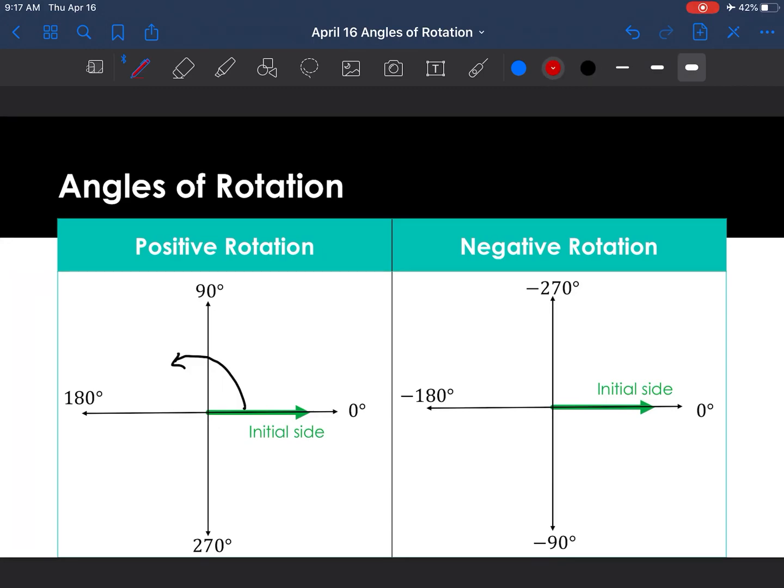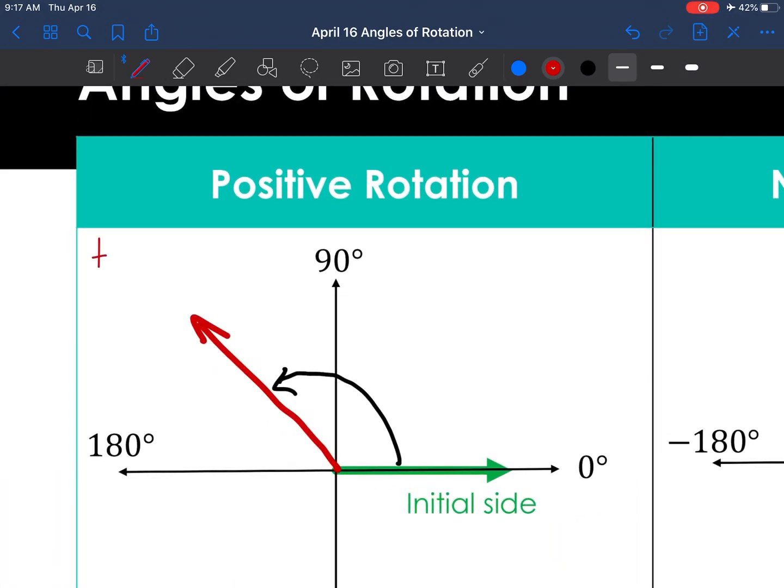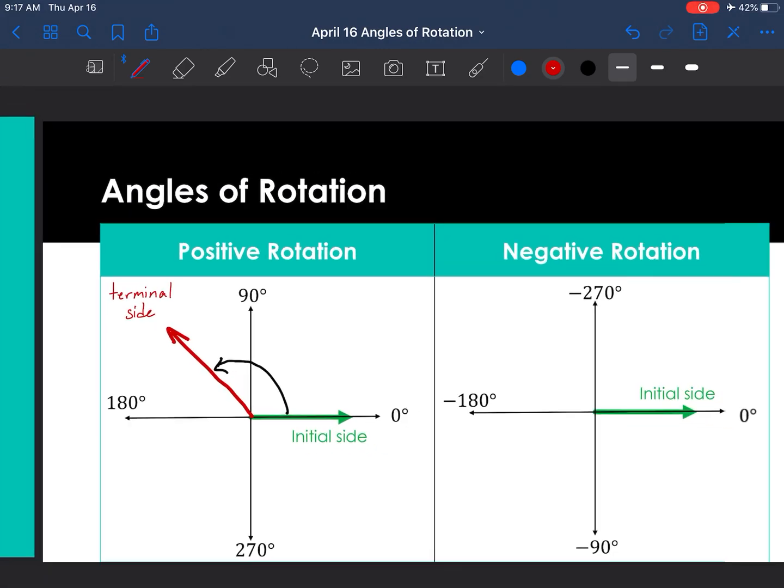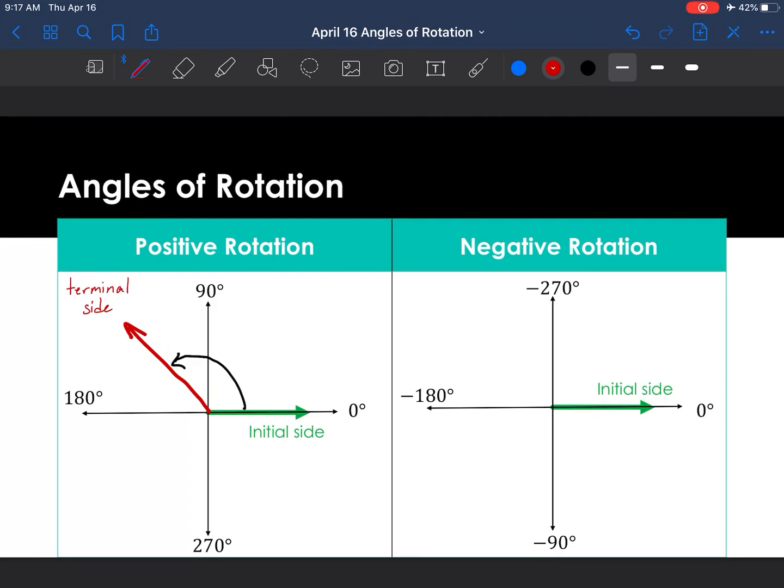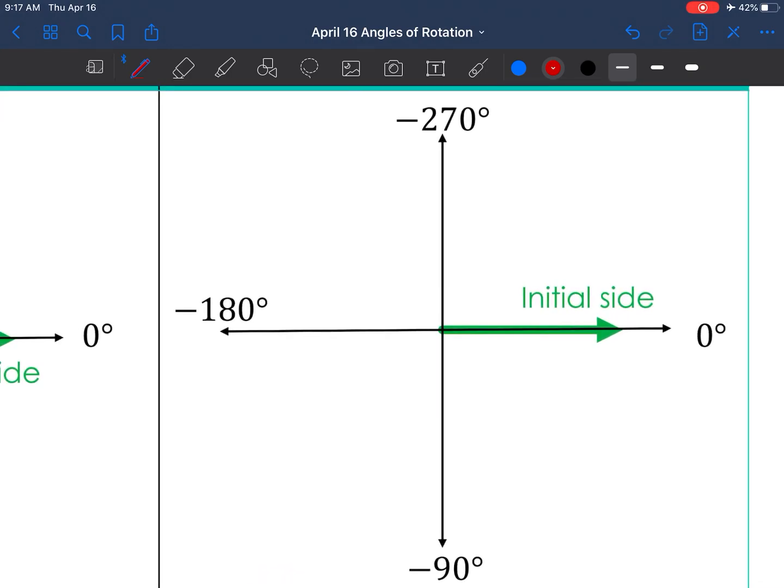So wherever you start, that's called the initial side, and then whatever degree I have you draw, that's going to be called your terminal side. So starting is your initial side, wherever you end, wherever degree measure I give you, that's your terminal side. Now when it's a negative rotation, it's going to be the same thing.